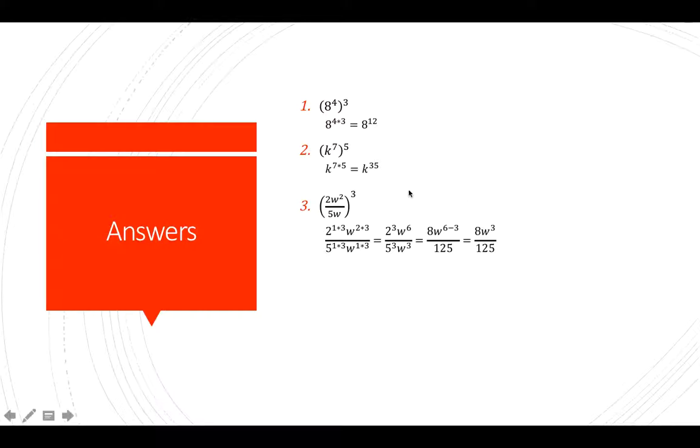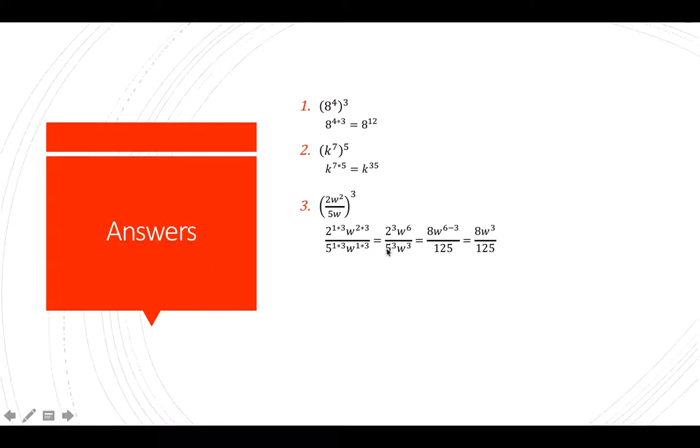So this one here, I took the 3 and distributed it to the exponent on the 2, the w to the 2nd, the 5, and the w. You can see that all right here. It gets multiplied together. I get 2 to the 3rd, w to the 6th, over 5 to the 3rd, w to the 3rd.